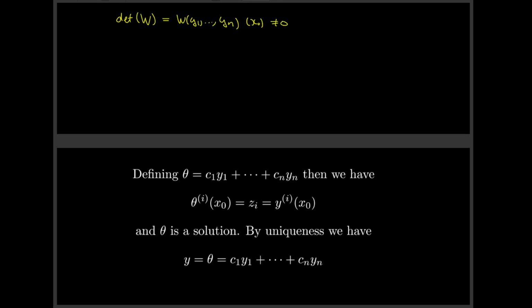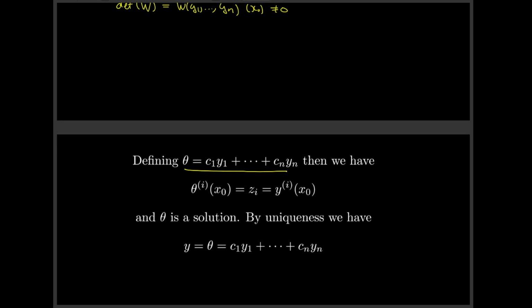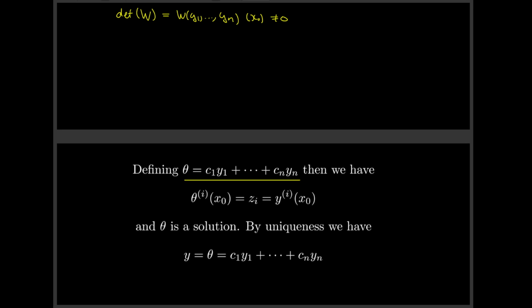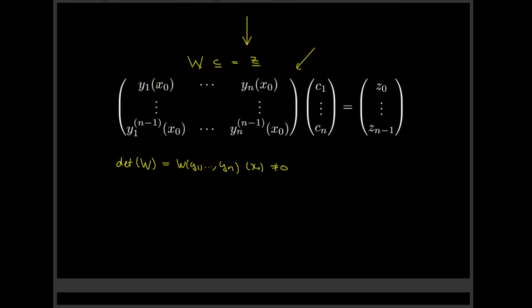And that's just to say that if we define this function theta in this way, so remember how we've solved this, very important to see this. Remember how we've solved the linear system above here. The linear system is such, if I multiply this matrix, let's just see what we get by the first row. So we multiply this here by this, we're going to get y1 of x0 times c1 plus all the way up to cn times yn of x0.